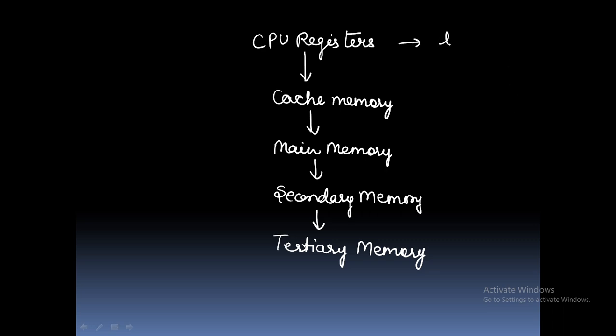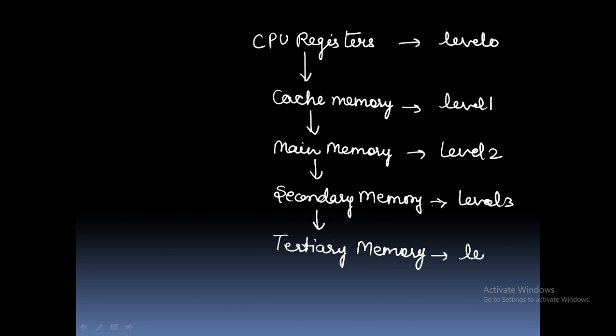First, CPU registers are known as level 0, cache memory level 1, main memory level 2, secondary memory level 3, and tertiary memory level 4. This is the memory hierarchy.